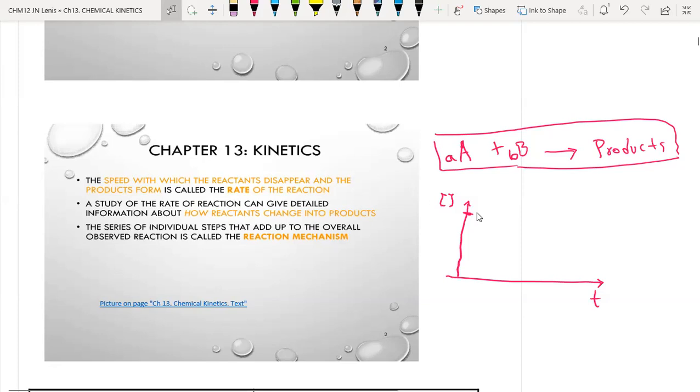Those are reactives. And what is the concentration of products? Concentration of products is here on 0. This is 0. 0 time, 0 concentration. So at 0 time, we have this initial concentration of reactives.